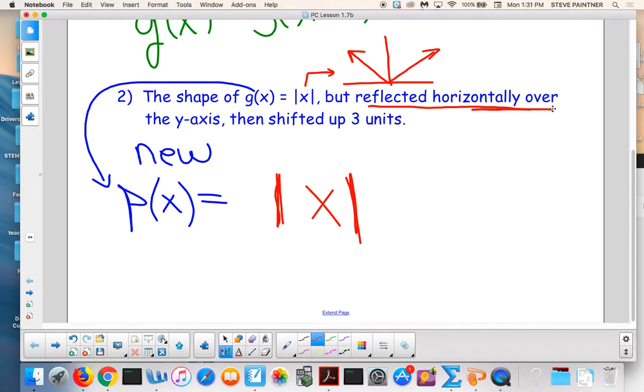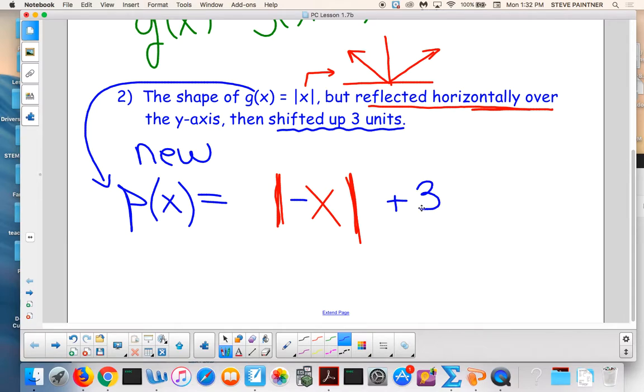Looks the same, right? Okay, but to reflect over the y-axis, what has to change? This x right here has to become what? Negative. Good? All right, then shift it what? Up or down goes where? Typically in the back. Up 3 would be plus 3. Okay?